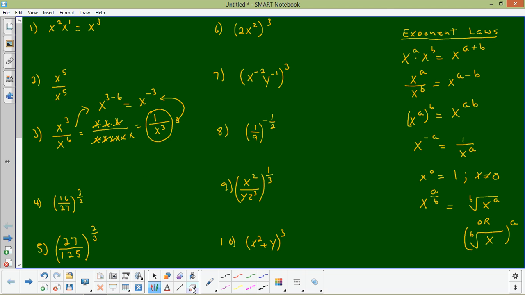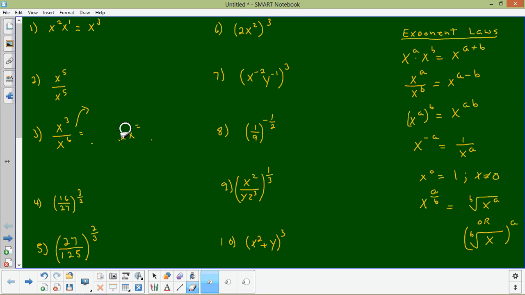Now, question number 4, evaluating this expression, deals with a fractional exponent. Oftentimes students will have trouble with fractional exponents, so let's remind you a little bit about what that's all about. When you have a fractional exponent, the numerator of that exponent is the power, and the denominator of that exponent is the root.